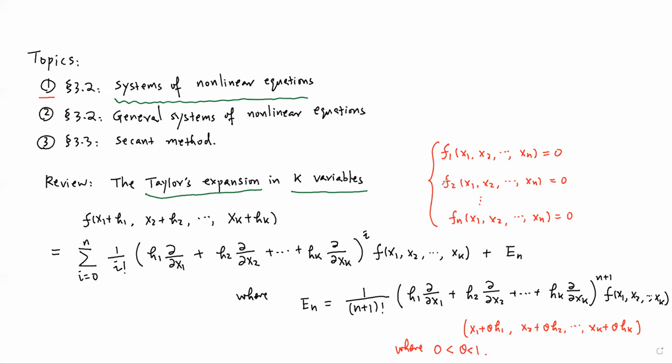Then in the second topic, we generalize the result to a general system. Now, topic 1. We want to solve this system of two equations in two unknowns.